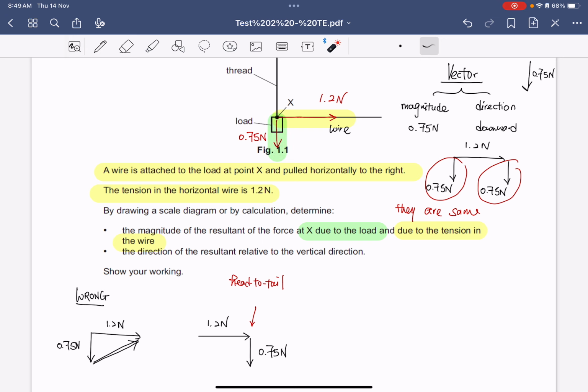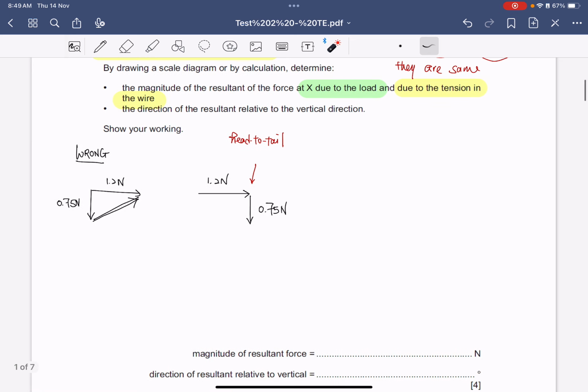However, when we are finding the resultant of two forces, we have to move them such that the head of one vector is on the tail of another vector. So you have to move it. And what I discussed here is that it's okay to move the vectors around, because as long as you didn't change the magnitude and direction, they are still the same vector.